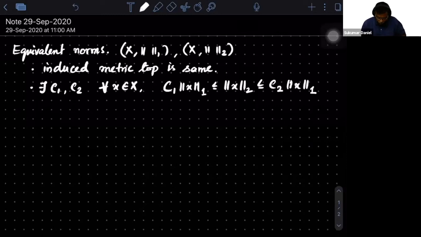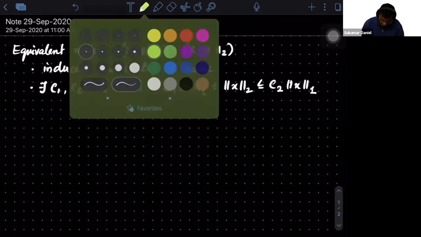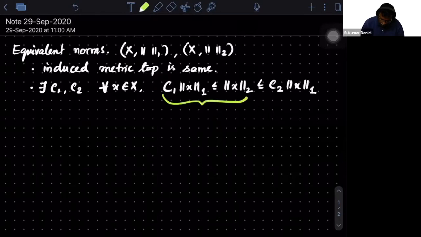Note that though we have written it as one statement, it is two sets of inequalities. C1 times norm x1 is less than or equal to norm x2, and then the other part. So this is one inequality, and this is another inequality.